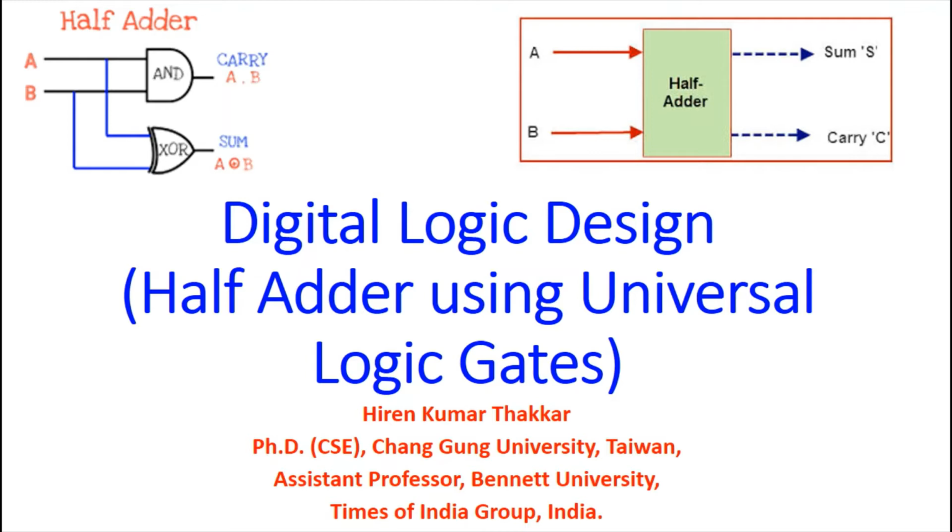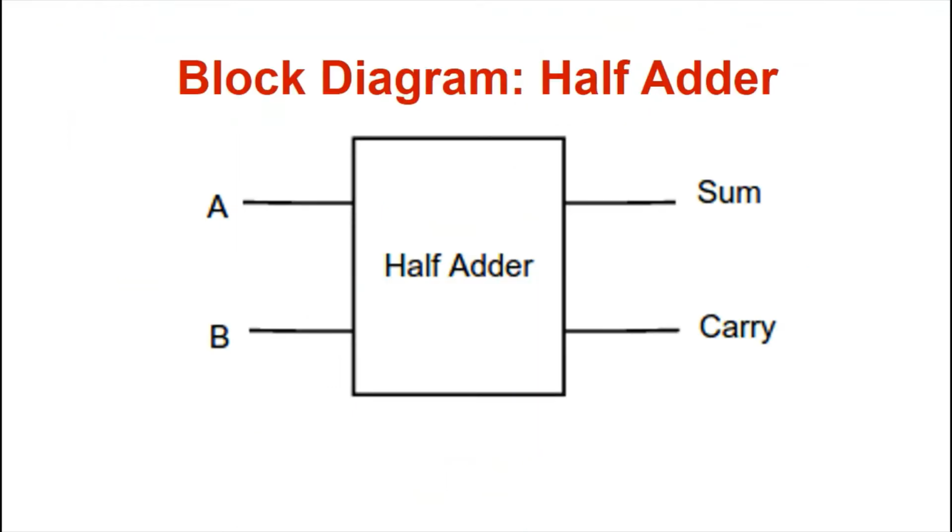Before we jump into implementing the half adder using the universal logic gates, we will briefly revisit the concept of the half adder. First of all, the block diagram. The half adder block is considered as having two inputs as well as two outputs. Both the inputs are binary bits.